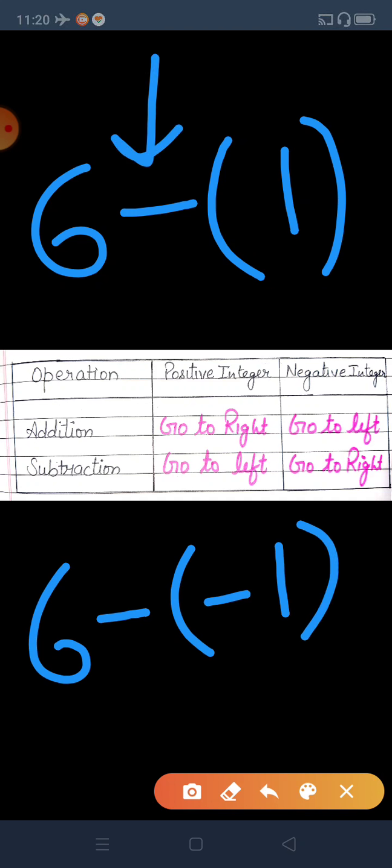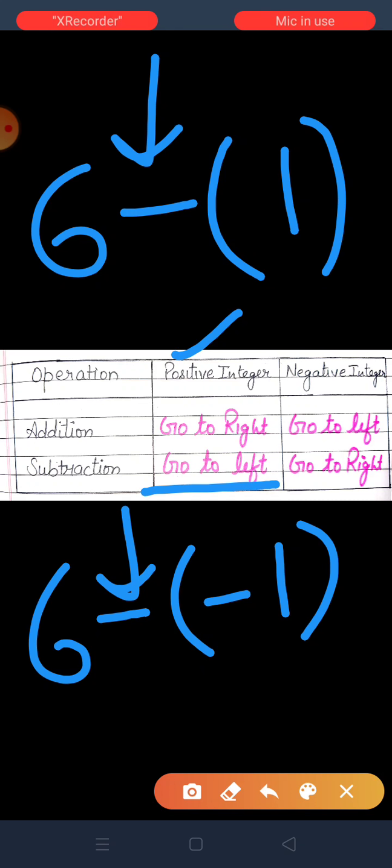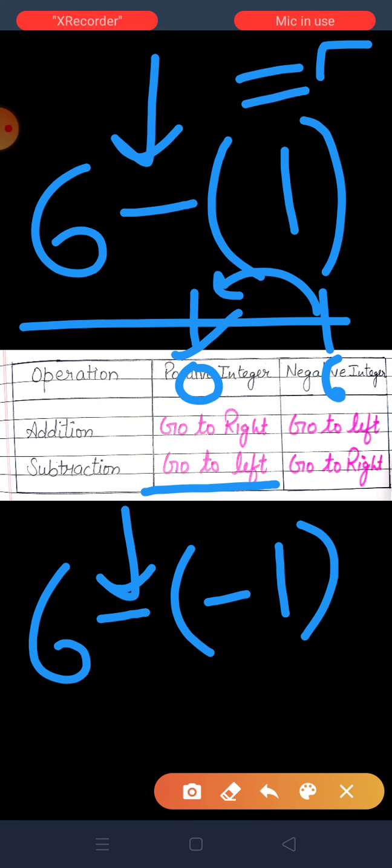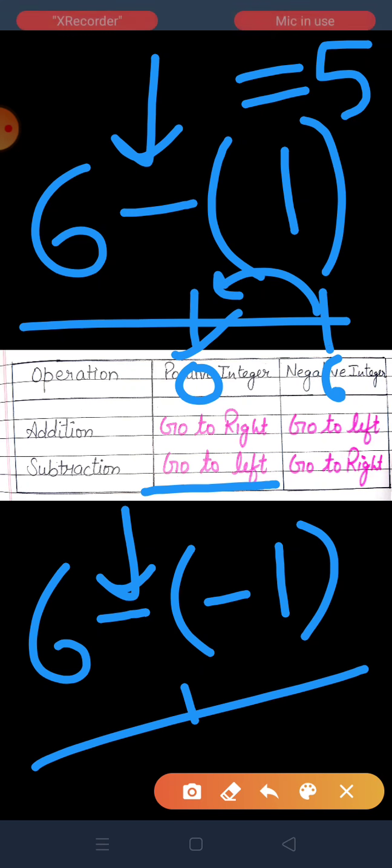Whenever subtraction is there and the integer is positive, you have to go to the left side of the number line. So you will reach 6, then go one step back, and we will reach 5.